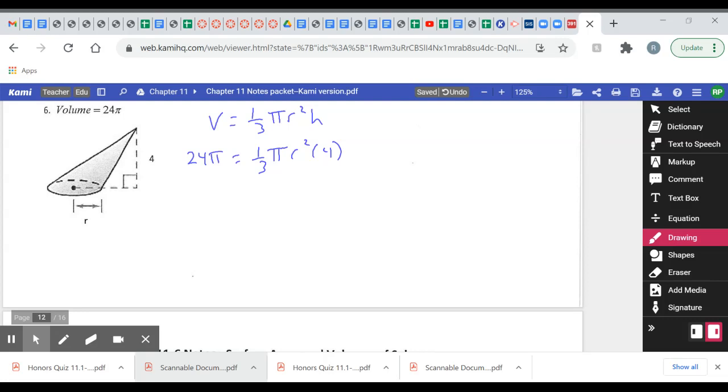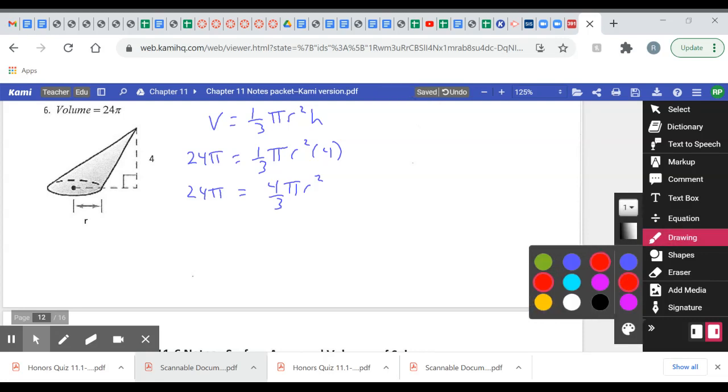Let me simplify this down a little bit. I have the 4 and the 1/3. So 1/3 times 4 gives me 4/3 pi r squared. Just combining those together. And I'm trying to get r by itself.